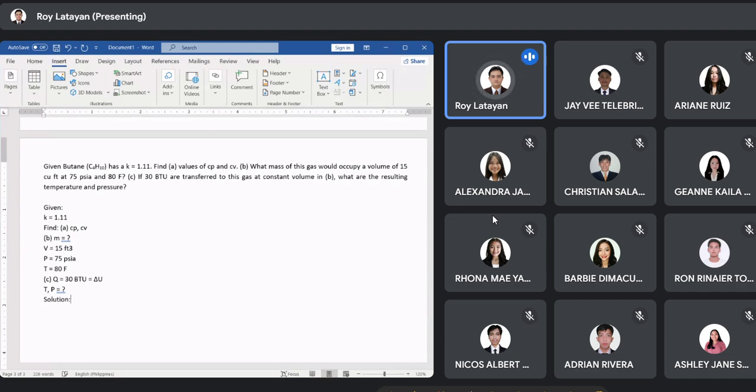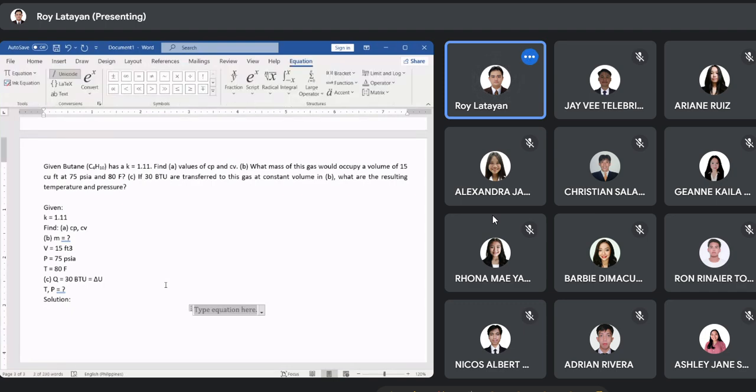For the solution, yan. So value ng Cp and Cv. For letter A, so value ng Cp. So value ng Cp, wala, ang given lang tayo is K. So value ng Cp na merong K na marami is kR over K minus 1.